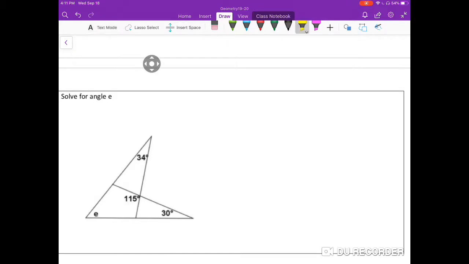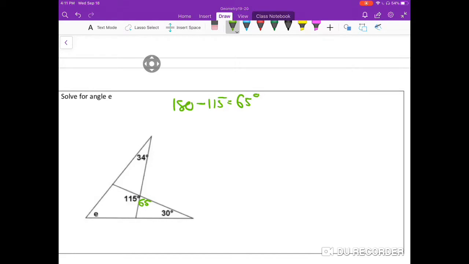Okay, so I'm going to start by focusing on this 115 and this linear pair here. So the first thing I'm going to do is 180 minus 115, and I'm going to get 65 degrees. And I'm actually going to put that right here, 65.